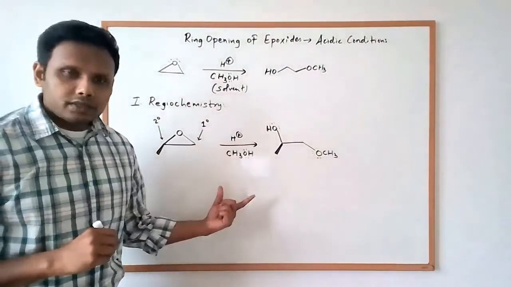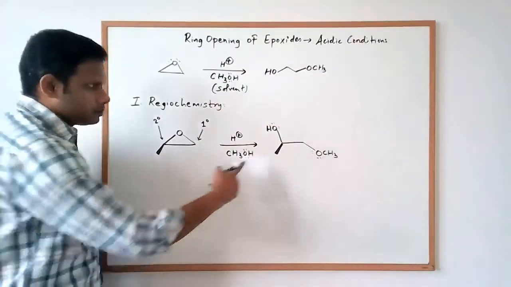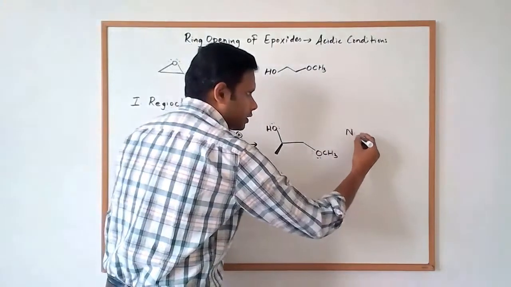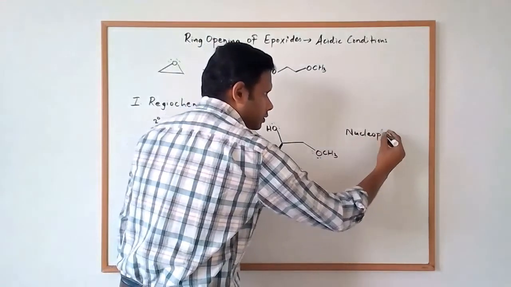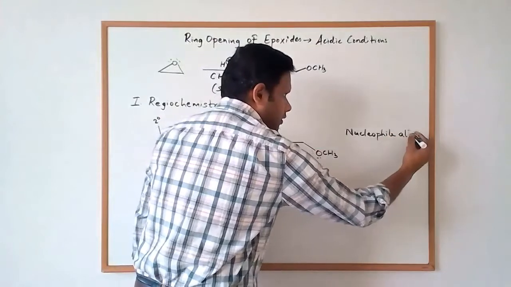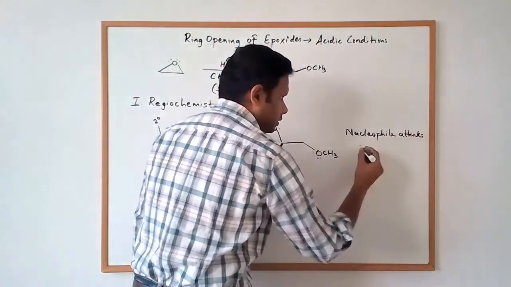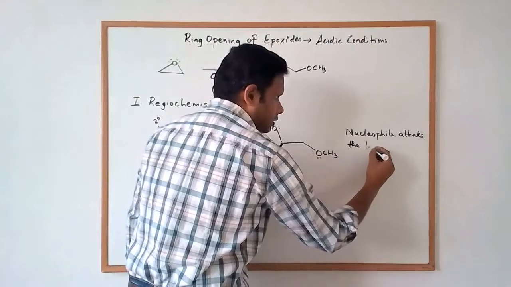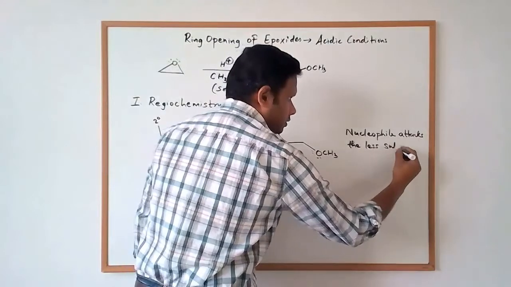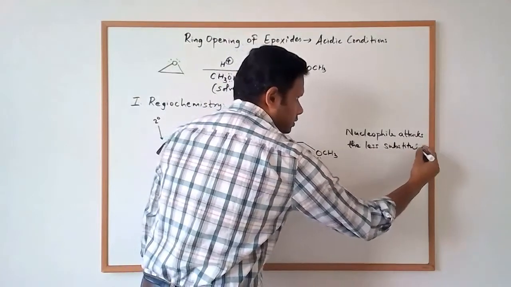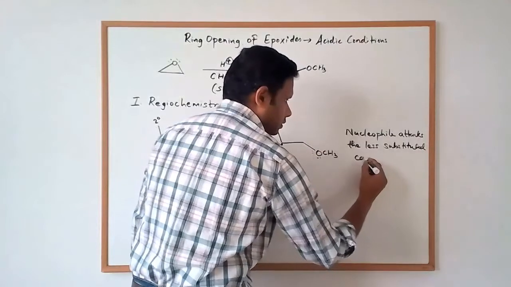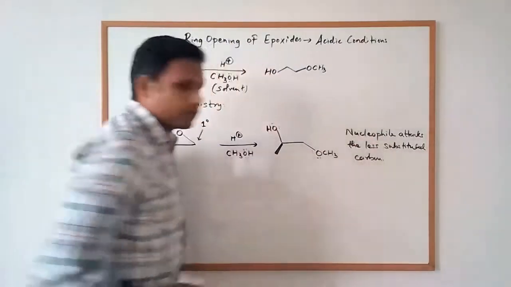So what we notice is that the nucleophile attacks the less substituted carbon.